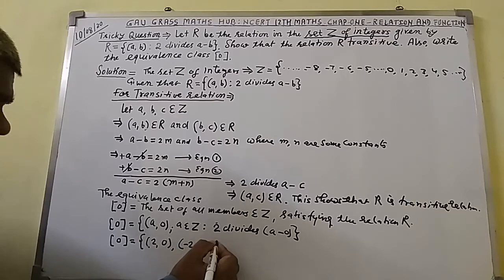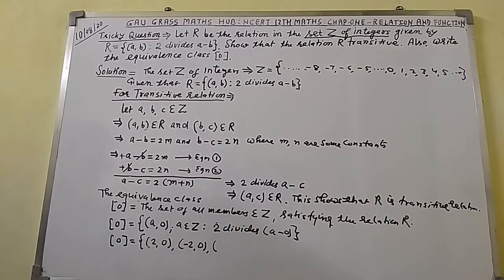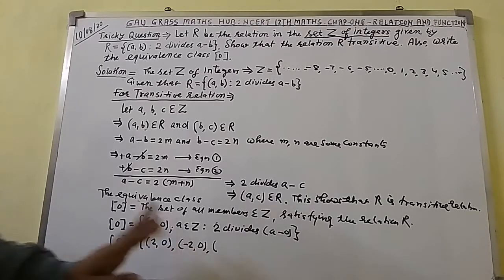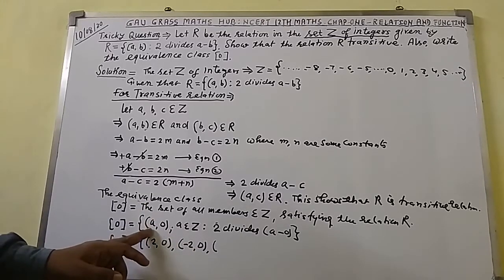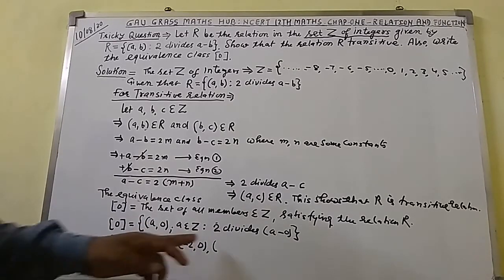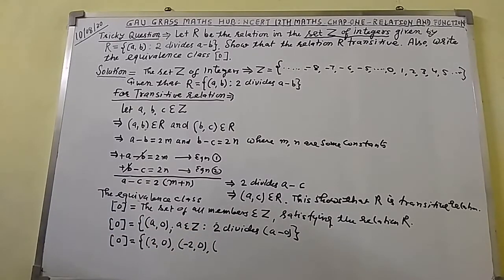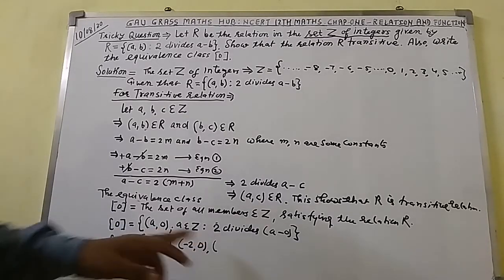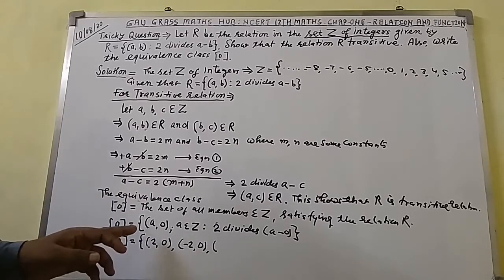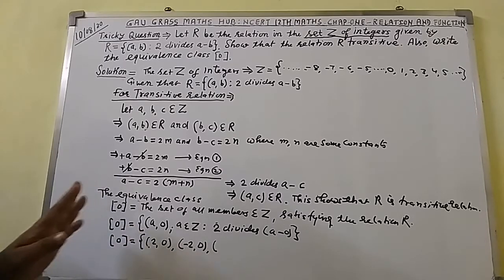Now get 3. 2 does not divide 3, so 3 will not be taken. If you take 4, 4 minus 0 is 4, and 2 divides 4, that is agreed.